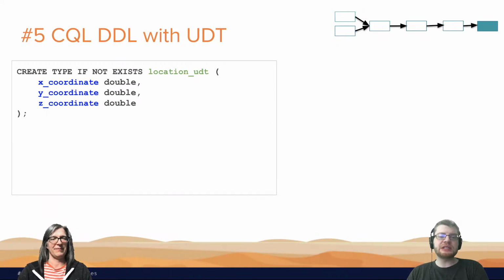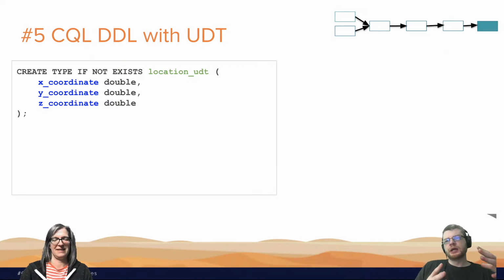So UDT is, just like Bettina said, user-defined type. Essentially, if there is something you wanted to store in a single cell, but you had maybe multiple data. Say you have a user database and you have an address associated with a person, you could potentially store that as a UDT.